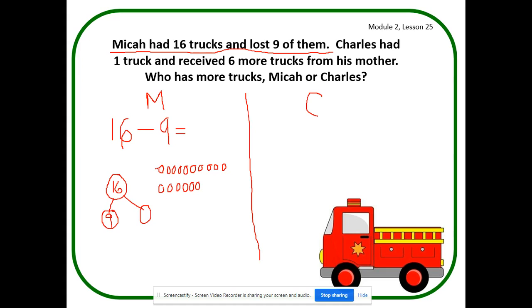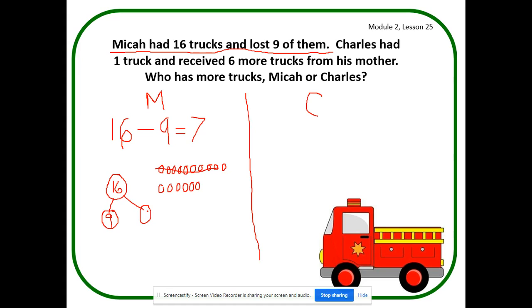Yes. So let's go ahead and cross off 9, just like this. And now we just add our leftover parts, right? Or we count. So we have 1, 2, 3, 4, 5, 6. And we can't forget about the one up here. So with that one is 7. So how many trucks does Micah have left?